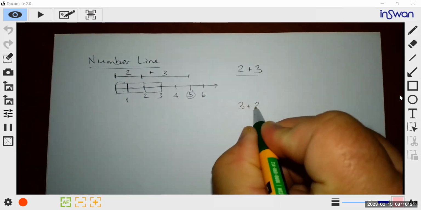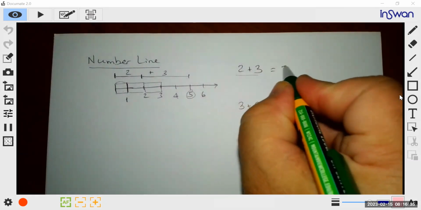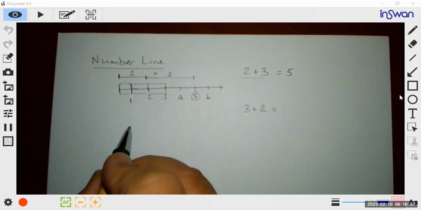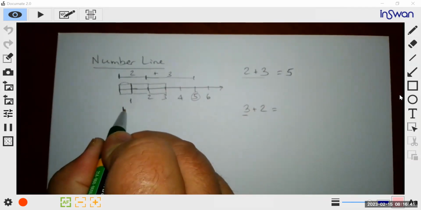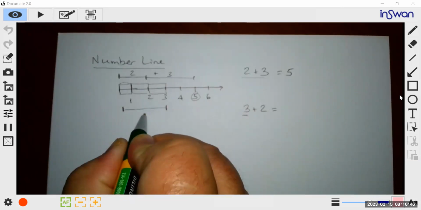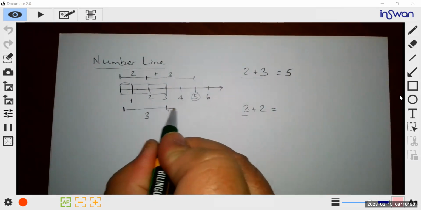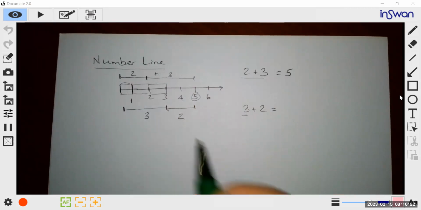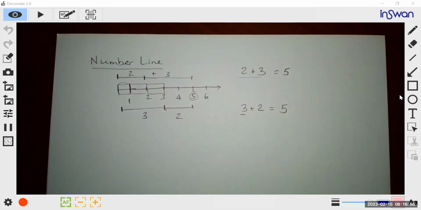We're going to discuss these in a little bit, but how do we prove? So this equals 5. Let's stick with this equals. So we go 3 spaces from the first one. So 1, 2, 3. Then from that end, we go 2 more. 1, 2. So what do those 2 show us?